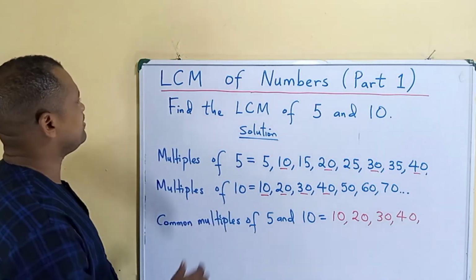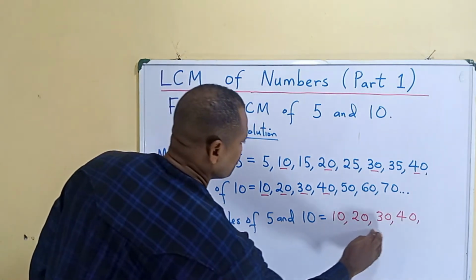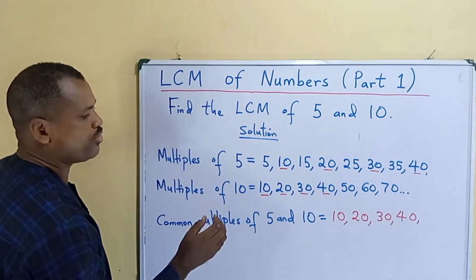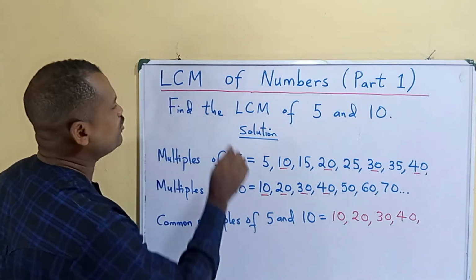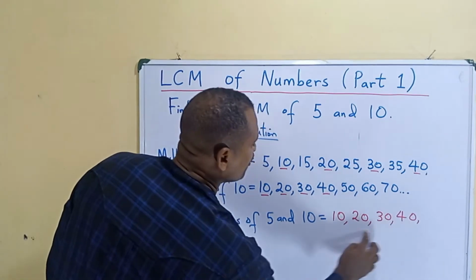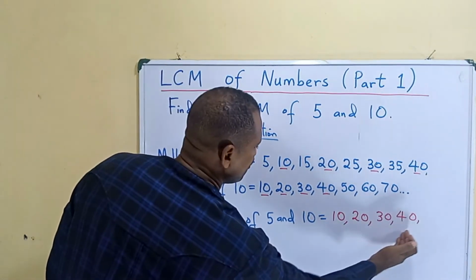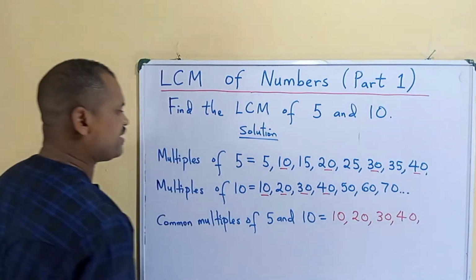So you have to find the lowest common multiple. These are the common multiples. So what you are looking for is the lowest. Which one here is the lowest? Of course, 10.